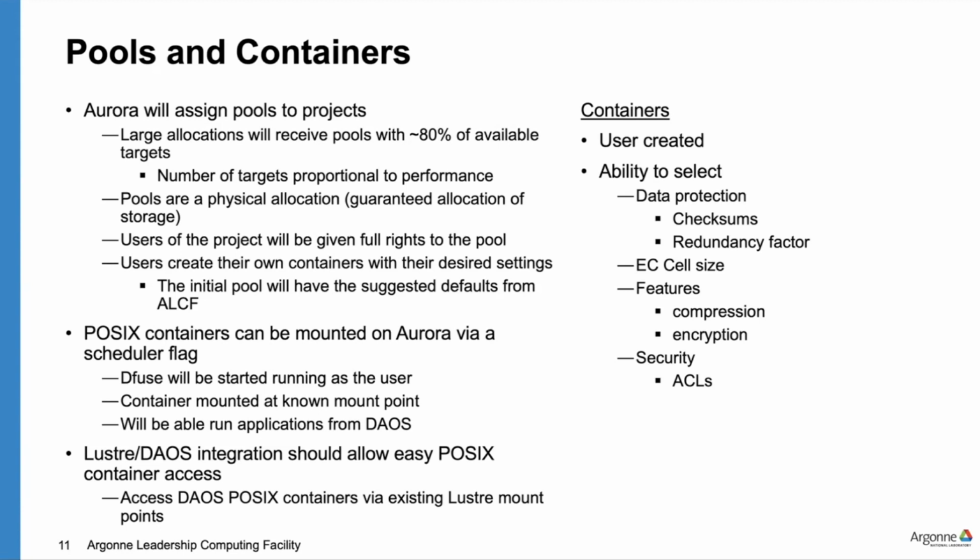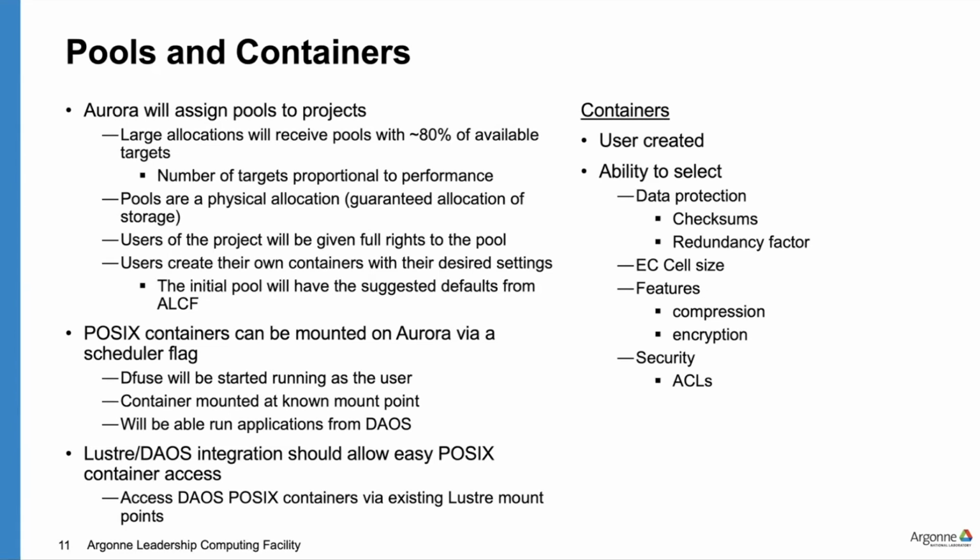But if you're like, this data is the most valuable data ever, I want full replication, you could turn on full replication in your container. You can select that as the redundancy factor you'd like. There's also some performance tuning with the EC cell size. If you want to add more people to use your container, you could change your access control list. Another option is, let's say you have data that you use during the simulation, but it's not used after the simulation.